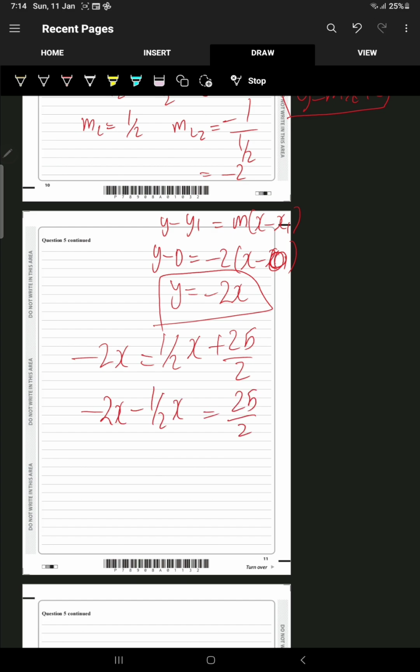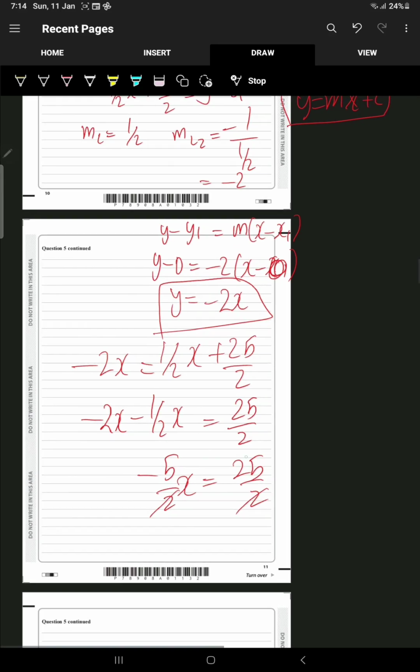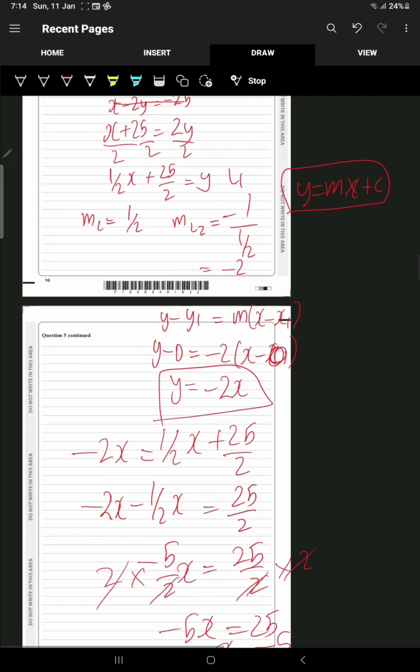Collect like terms: minus 5 over 2 x equals 25 over 2. Or you can multiply by 2 on both sides, and we have minus 5x equals 25, and x is going to be minus 5.